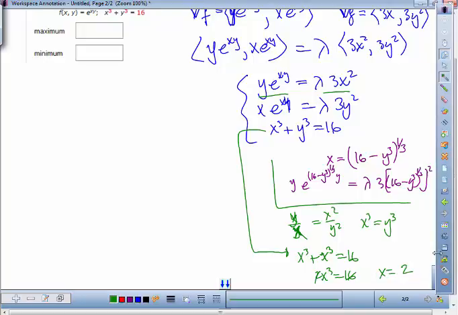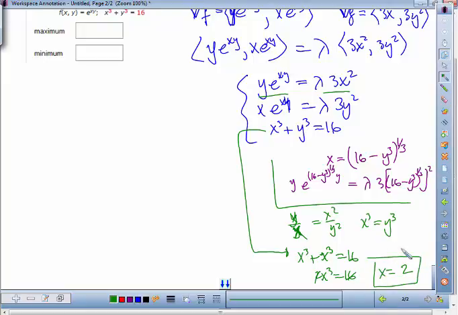2. Is it plus or minus? No, because negative times a negative times a negative is negative, and this is positive 16.